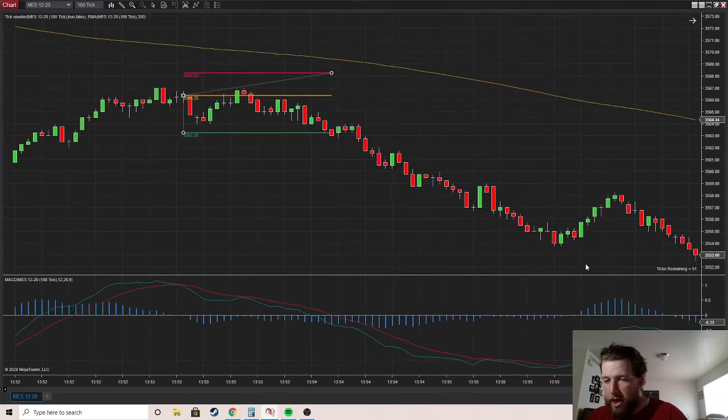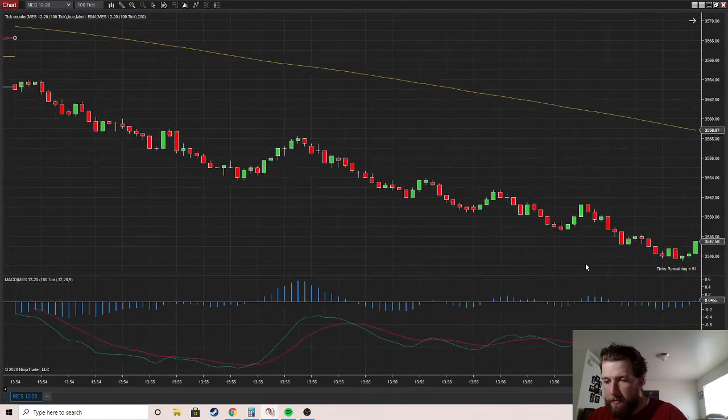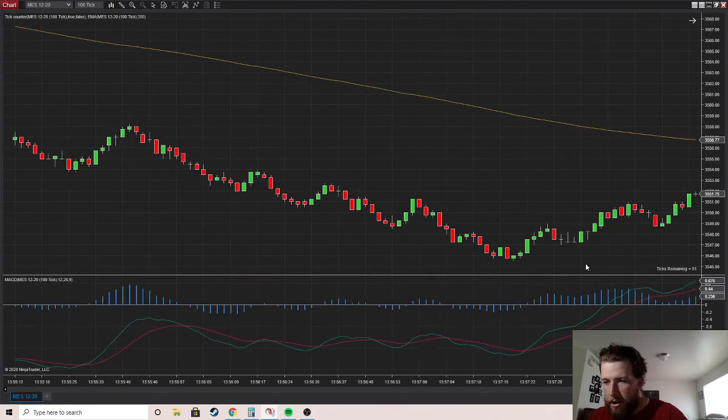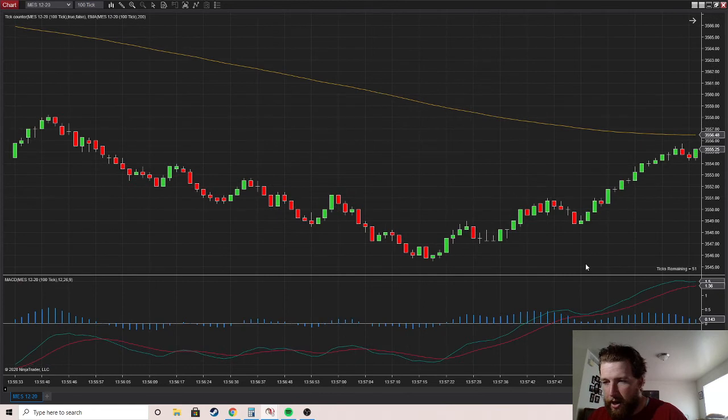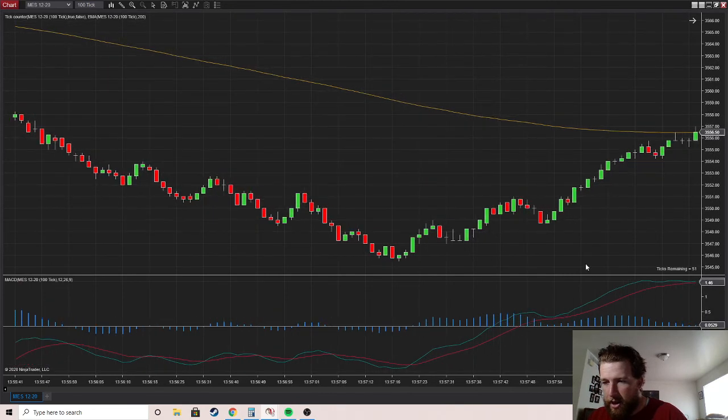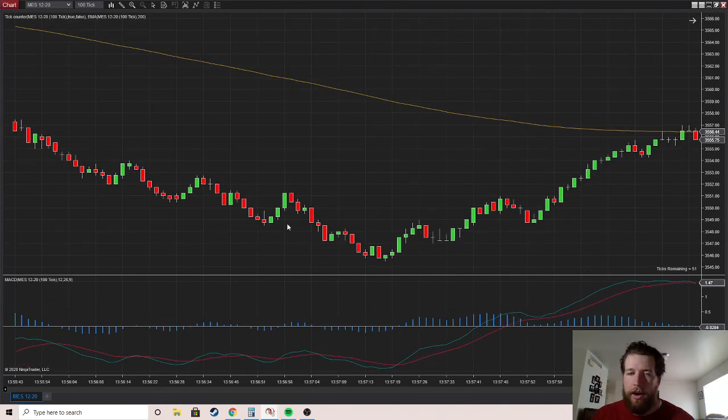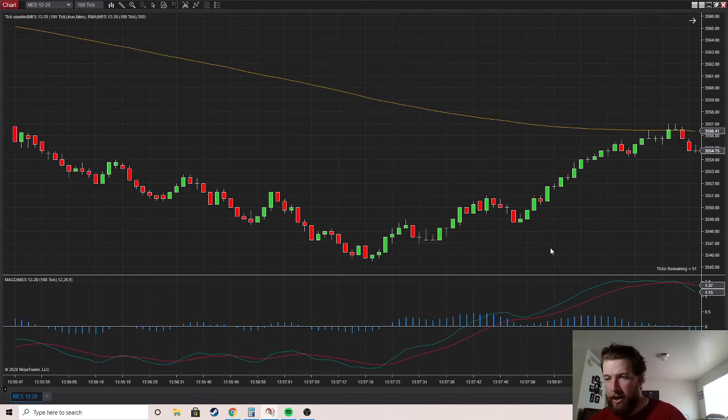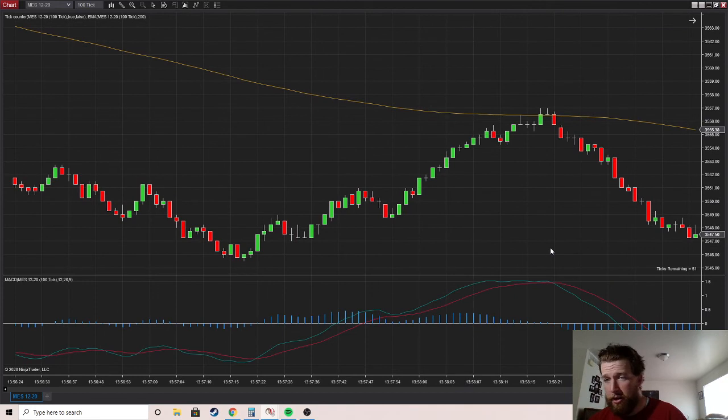Looking for one more trade possibly here, if we cross. All right, so we crossed. I don't think I'm going to take that. Will not take it, although I should have.